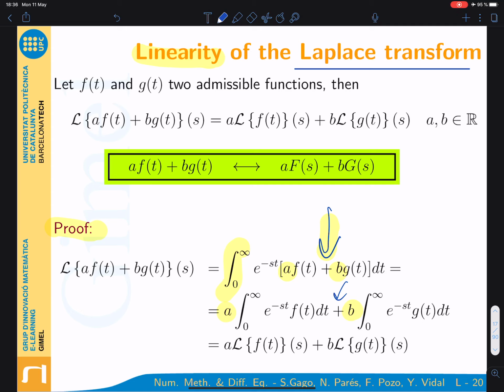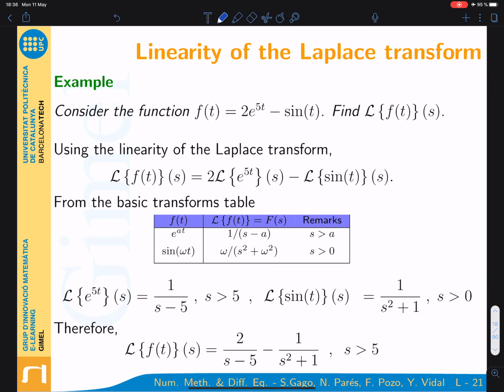So this is a very important property, linearity, and here we have a very easy example. Let's consider I want to compute the Laplace transform of this function. I'm going to write that I want to compute the Laplace transform of 2 times the exponential minus the sine of t.